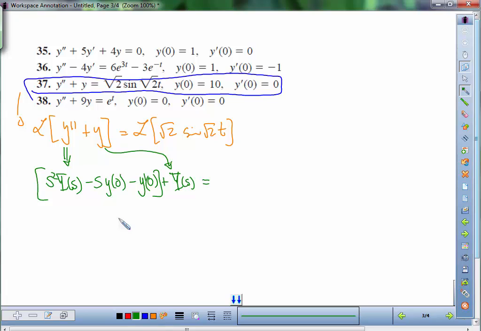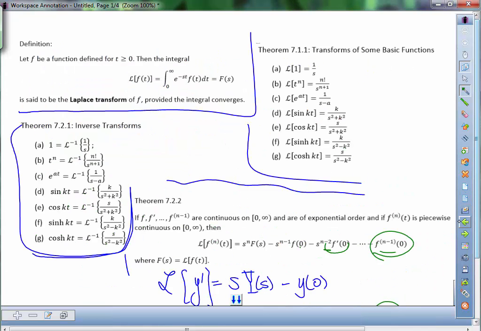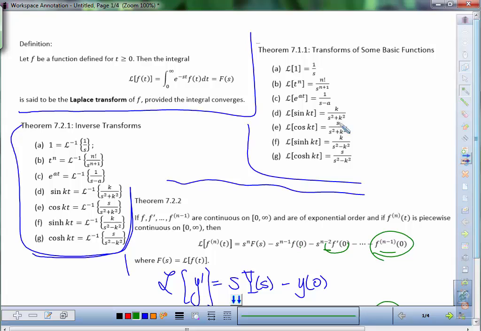All right, so we got those two things figured out, and the right-hand side now will be a sine function. This is something that you probably should memorize if you do this a lot, but if you don't do it a lot, I guess it's fair enough to just have a handful of these things written down somewhere. The sine function is a constant divided by s squared plus the constant squared.